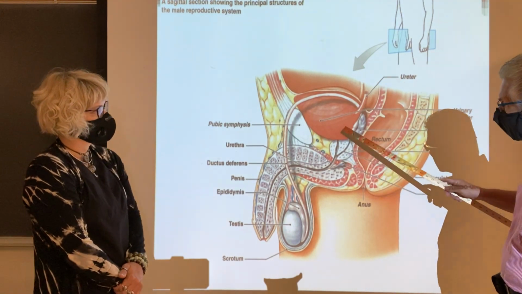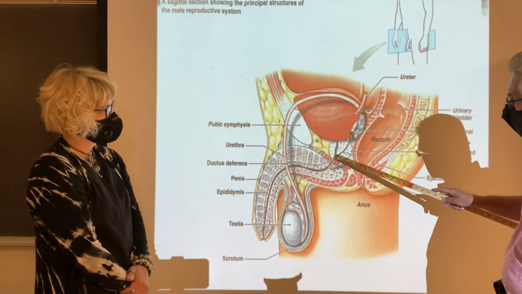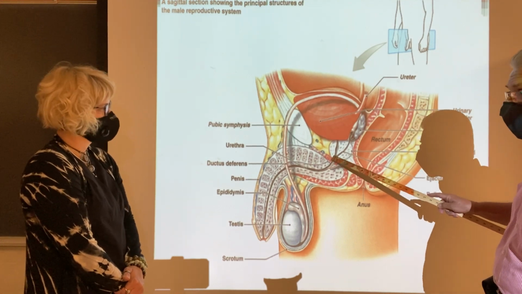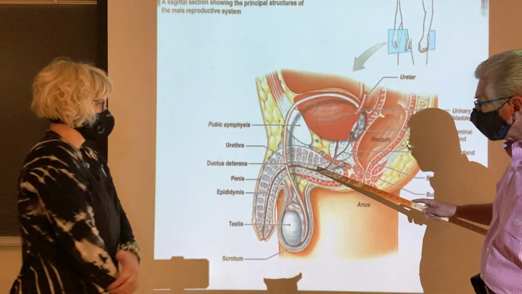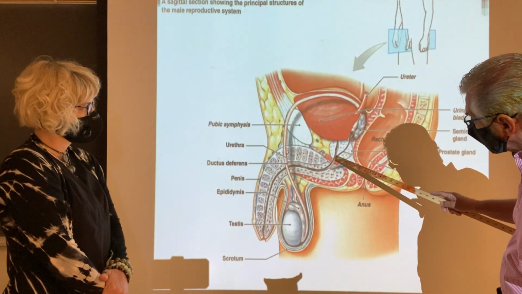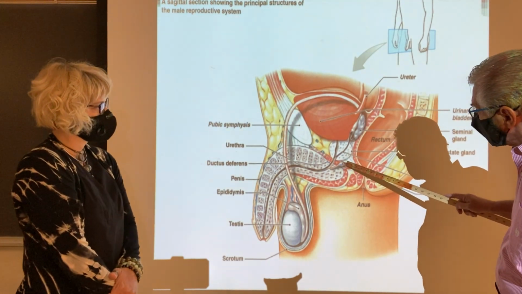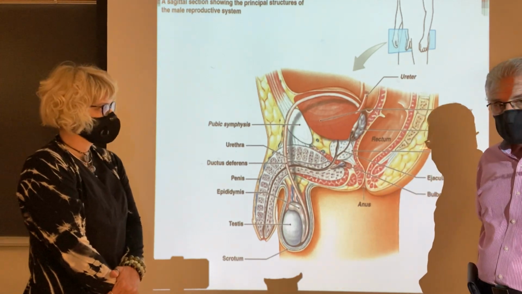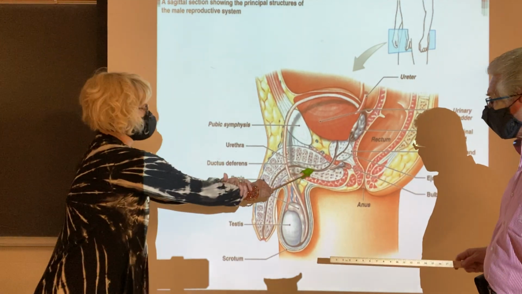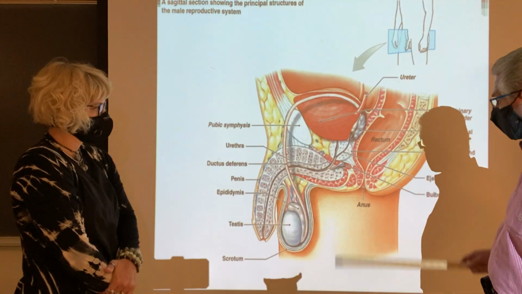In this particular case, we have three delineations: the prostatic urethra, then the membranous urethra, and then that little tiny region of the urethra. So prostatic, membranous, coming right through into the exit.